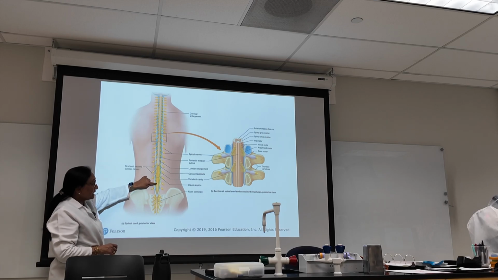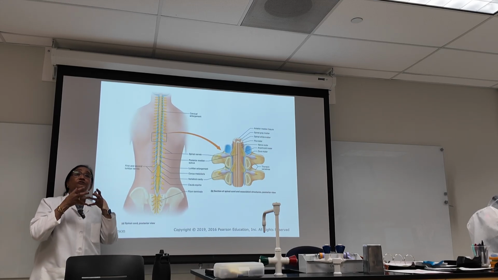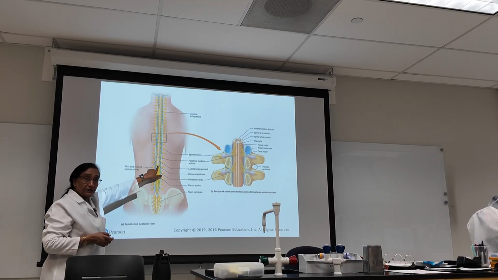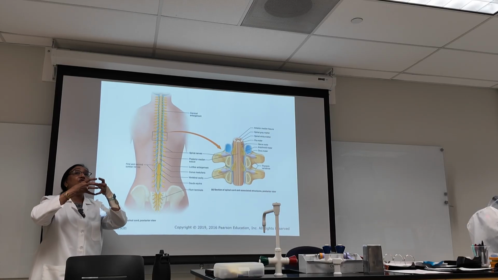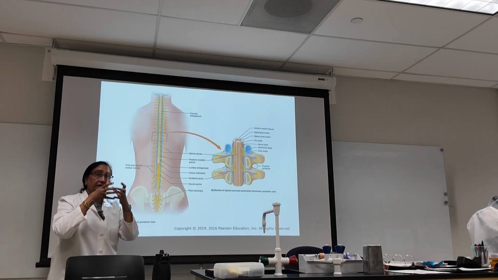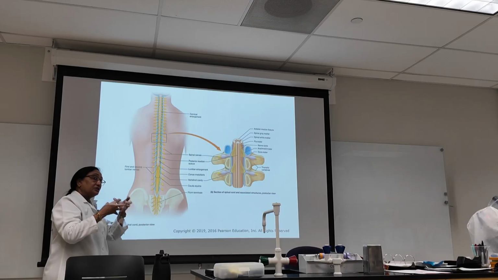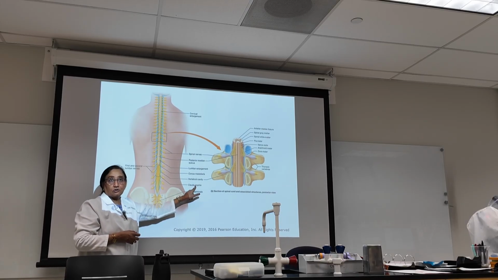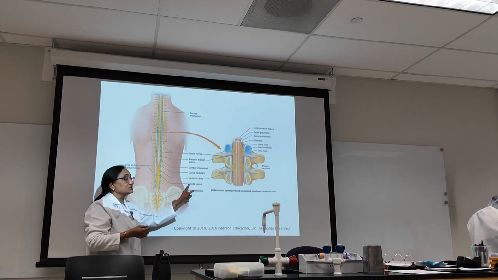So filum terminale. And then you see a bunch of nerves below the level where the spinal cord ends. After that, you're going to see a bunch of nerves which looks like the tail of a horse. This bunch of nerves that you see is called the cauda equina. Cauda is the tail, equina is horse, horse's tail.